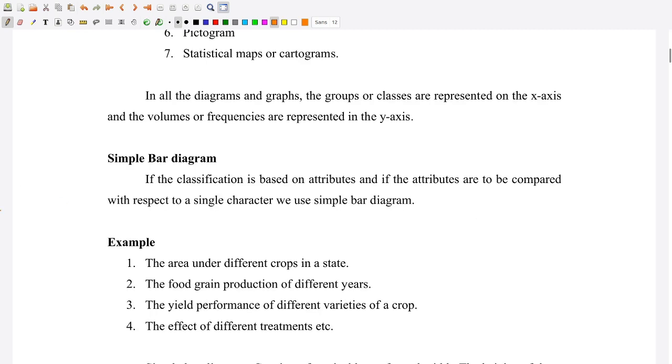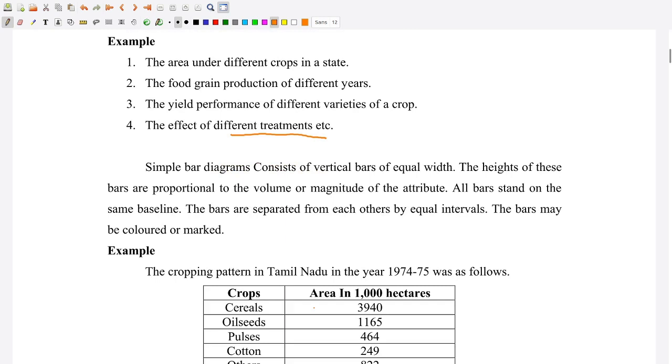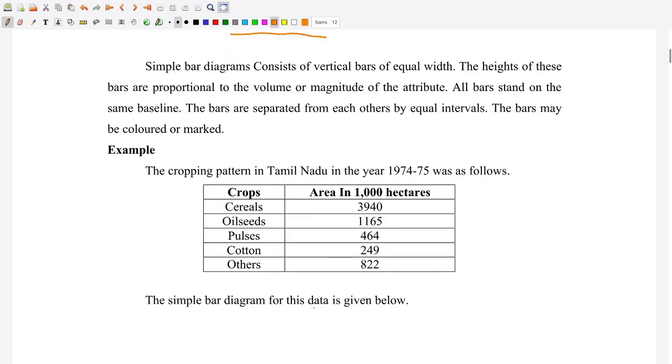A simple bar graph has simple bars in it. For example, if you wanted to represent the area of different crops in a state, food grains production of different years, the yield performance of different varieties of crop, the effect of different treatments, etc., these could easily be represented by a bar graph.